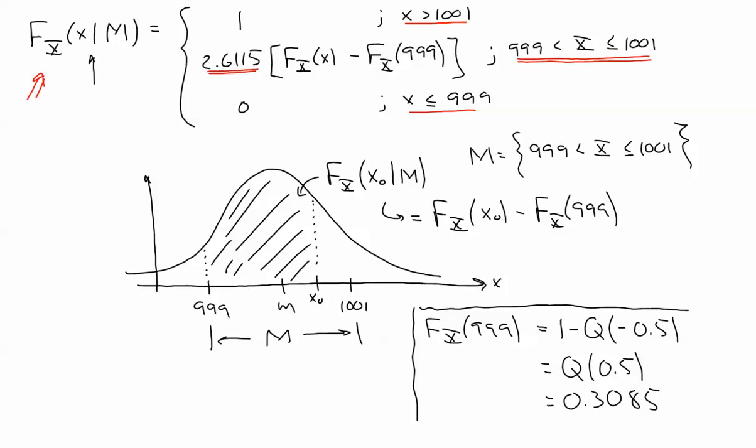All right. A couple more steps here and we'll have the conditional cumulative distribution function. Recall that the non-conditional cumulative distribution function for a Gaussian random variable is 1 minus Q of (x minus m) over sigma. All right.